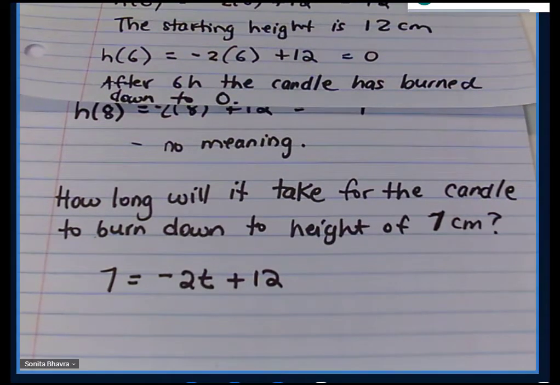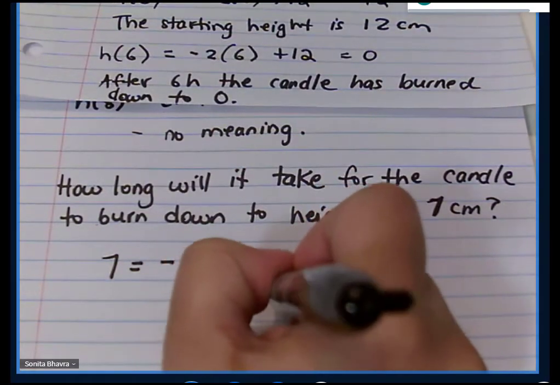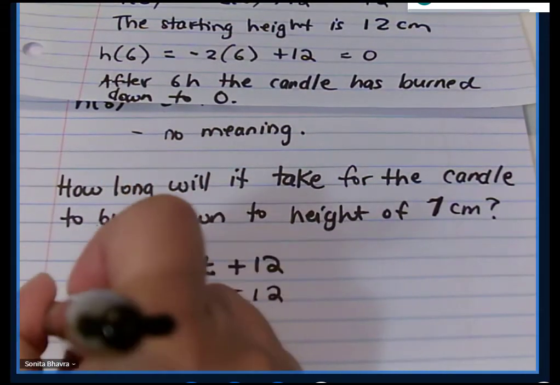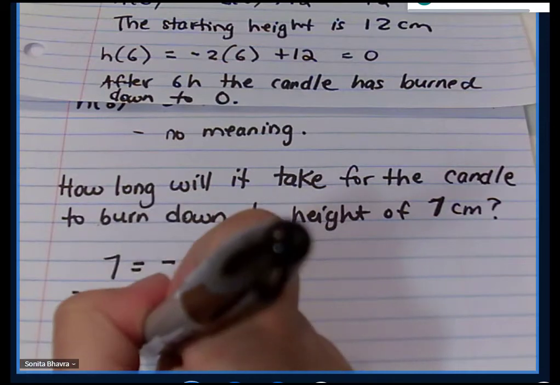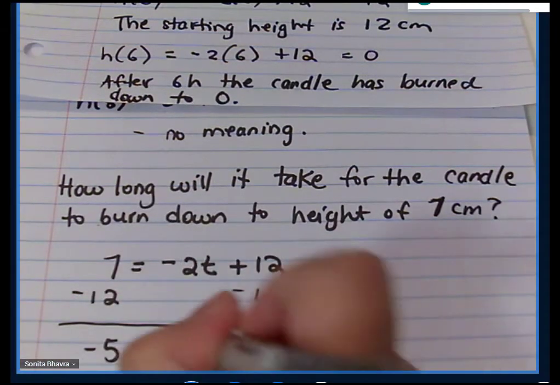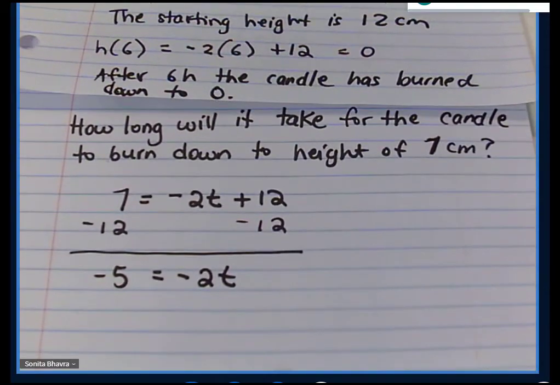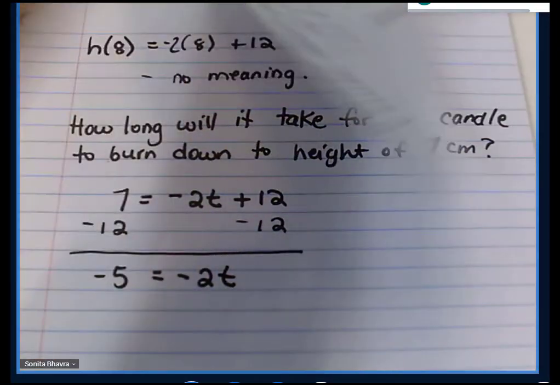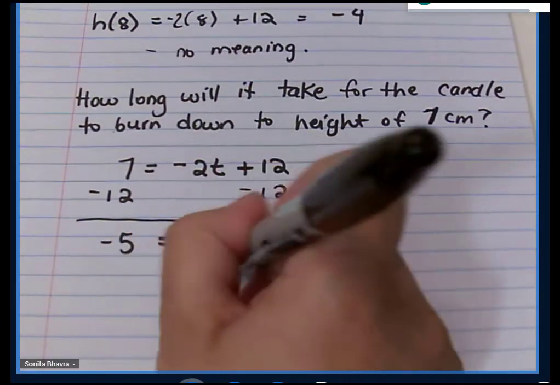All right, so to solve for t then, I'll subtract 12 on both sides. That leaves me with 7 minus 12, which is negative 5, is equal to negative 2t. And then I'm just going to divide both sides by negative 2.